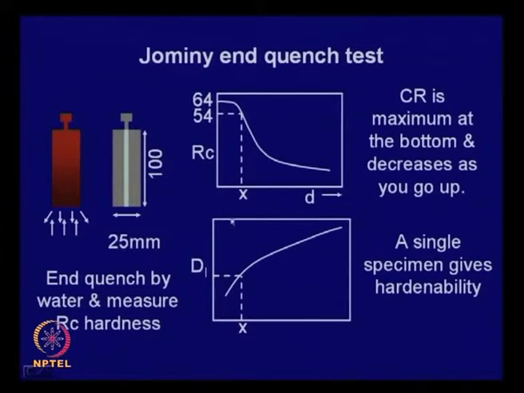Such plots are available, which help you convert the Jominy hardness depth to the ideal critical diameter. Therefore, this is the most popular method for determining the hardenability of a particular steel.